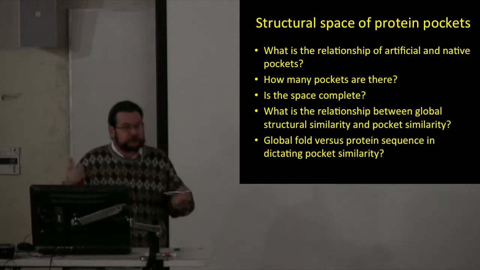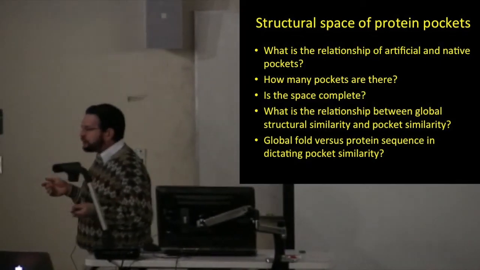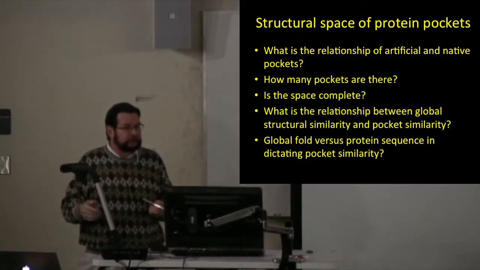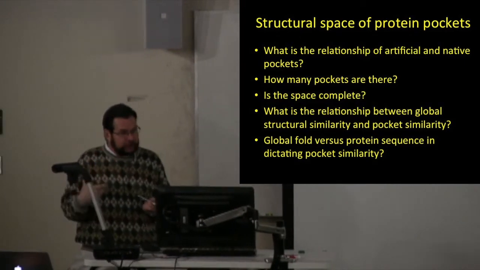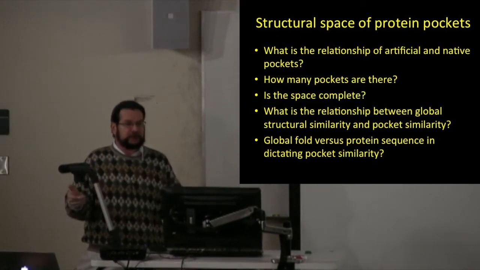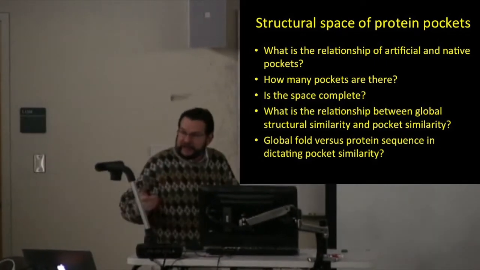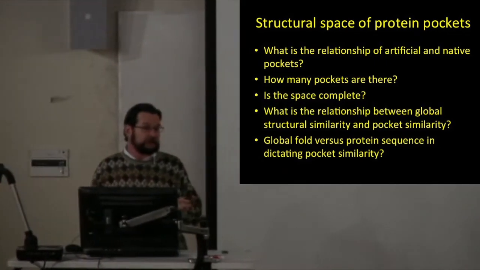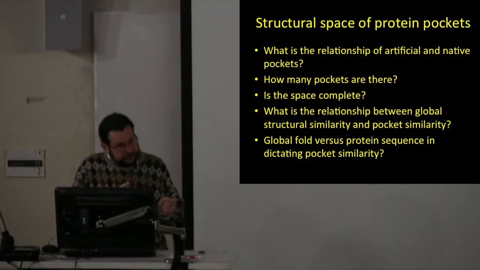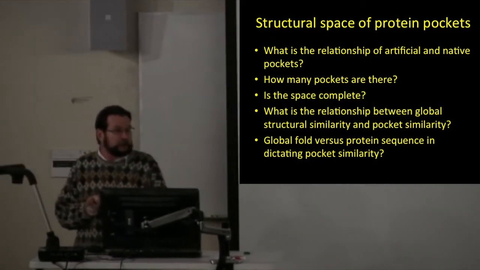Now there could be two possibilities. You could say, well, I'm actually interacting with proteins of the same global fold, and pockets of global fold are very strongly coupled, and that's the reason I'm doing it. I have the same 4-helix bundle geometry. All 4-helix bundles have a heme pocket of that shape, and that's the reason. I'm actually going to try to show you that global fold and pocket geometry are only at best weakly correlated.